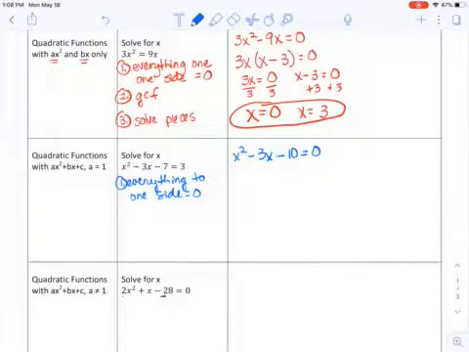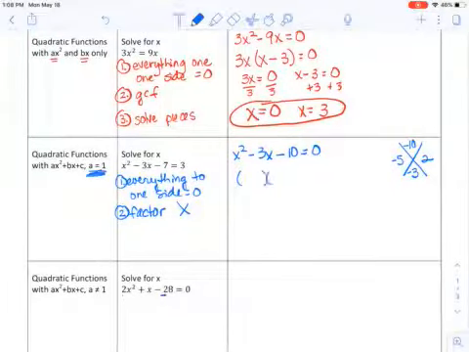I subtracted 3x from both sides and combined like terms. Now on this particular one, the a value is 1. Okay, and so that's very helpful. We're going to factor using our little x that we like, and I'm going to need two numbers that multiply to give me negative 10 and add to give me negative 3. So that's negative 5 and 2, which you guys already know.